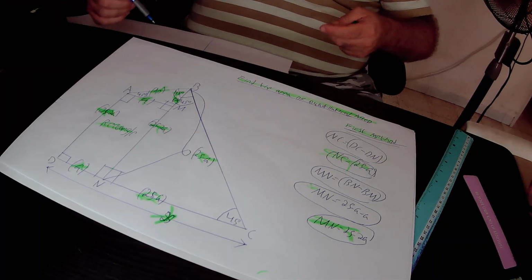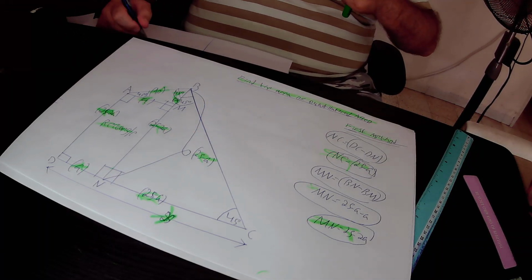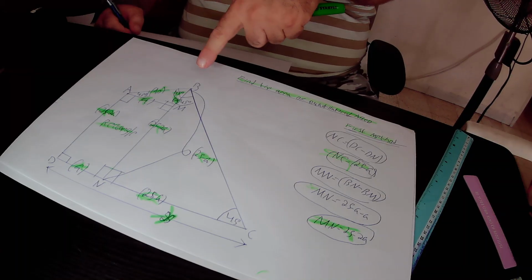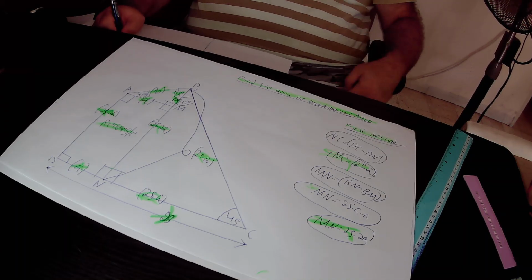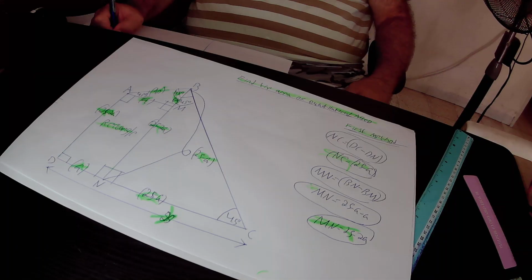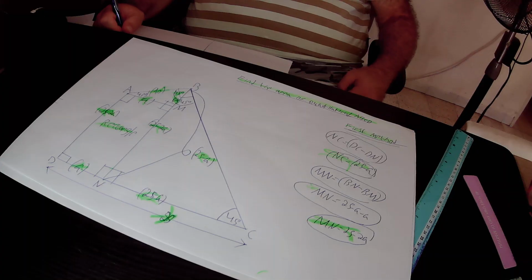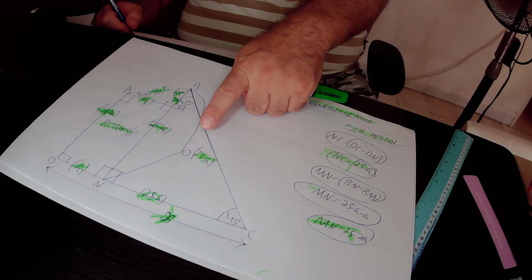So write it down. The area of this quadrangle ABCD equals the area of trapezoid ABND plus the area of this right triangle BNC.